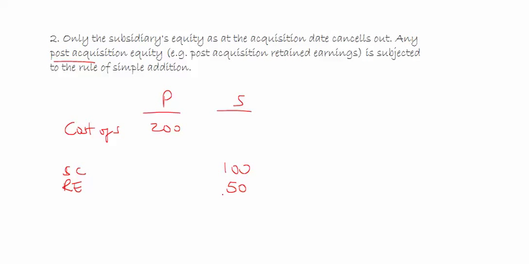For the sake of argument, let's make this one 50. If I'm told, for example, that on the date of acquisition, which was some time back, the retained earnings that were there were not actually 150, but they were 100. This means that if you use a timeline, the retained earnings is currently 150, but on the date of acquisition it was 100.